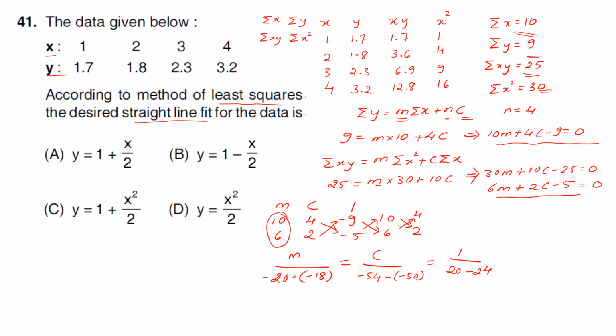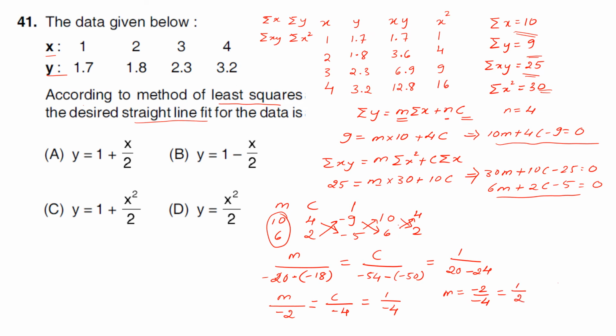So therefore m divided by minus 20 plus 18, that is minus 2, is equal to c divided by minus 54 plus 50, minus 4, is equal to 1 divided by 20 minus 24, that is 1 divided by minus 4. Therefore value of m is minus 2 by minus 4, that is 1 upon 2.